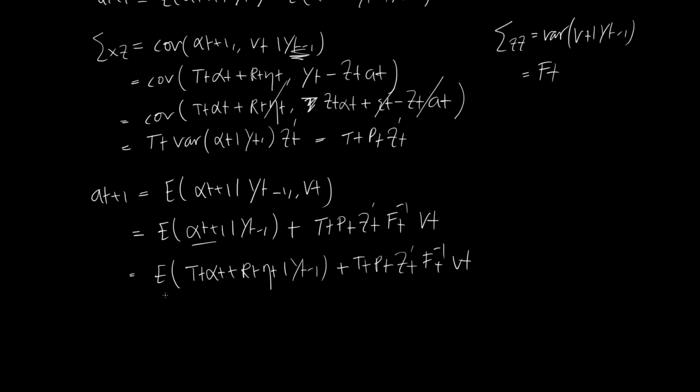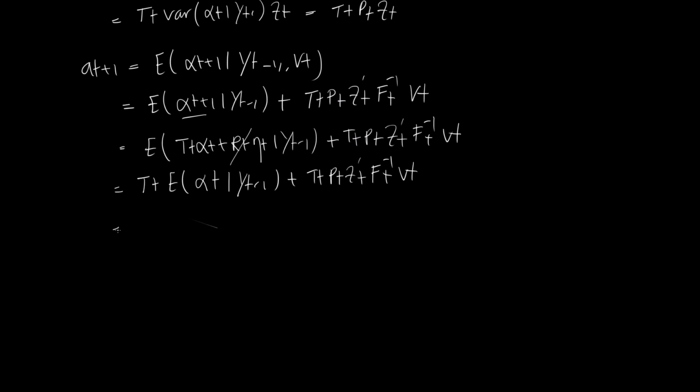But now the expectation of the eta term is 0, and we find T_t times the expected value of alpha_t given Y_{t-1} plus T_t P_t Z_t prime F_t inverse V_t. A lot of work, I realize. But this is by definition again A_t, right? That's a very important definition.